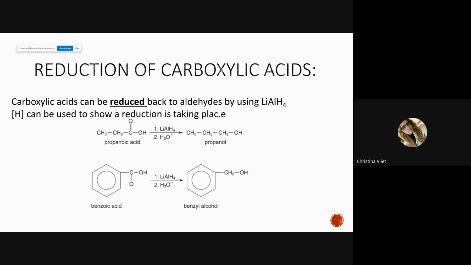So we did oxidation. Now we're ready to talk about the inverse process, which is called reduction. So there's, in my opinion, good news here. What is reduction again? In the organic biology sense?